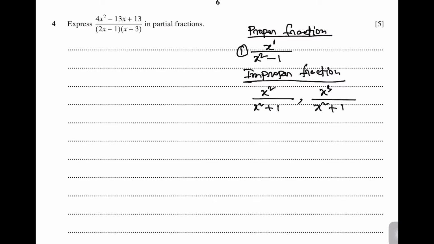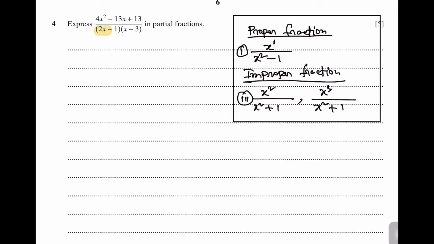In an improper fraction, the highest power of x in the numerator and in the denominator are equal, or the highest power of x in the numerator is greater than in the denominator. So these two fractions are improper fractions. 2x and x, it will be 2x square. This is 4x square. So the highest power of x in the numerator and in the denominator are equal. So the fraction is an improper fraction.